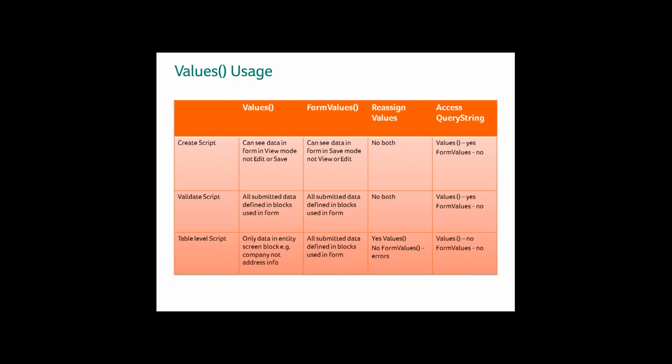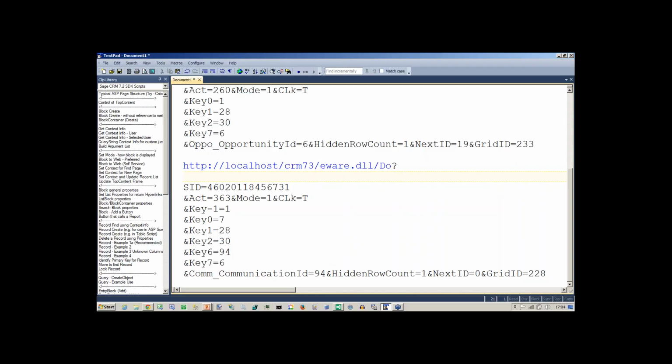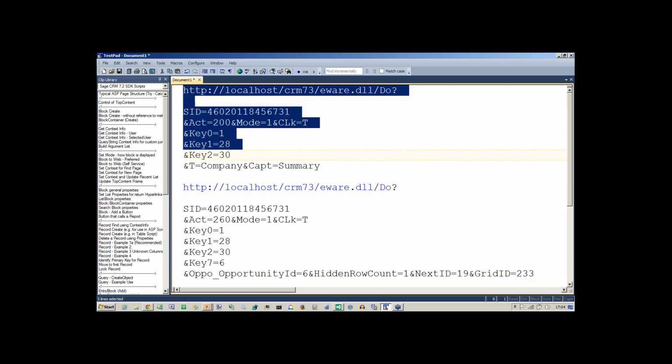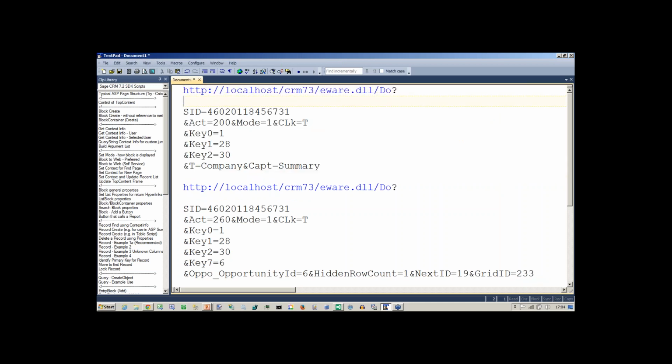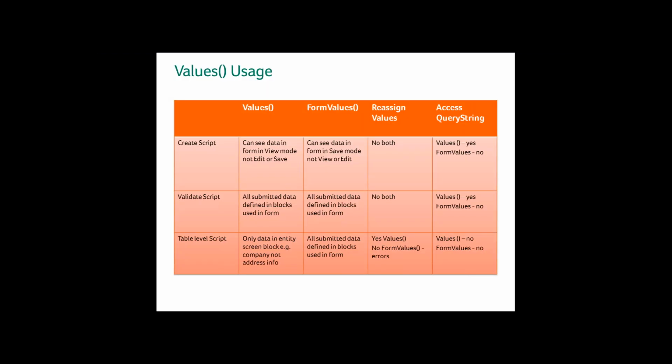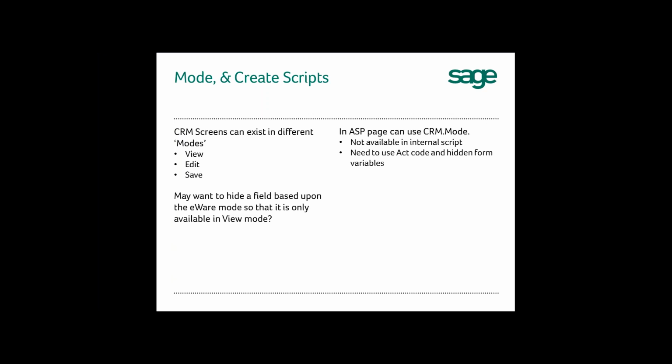What's so great about the query string? Well, it gives us access to all of this rich stuff, including, of course, information about the action key and the mode, and this can be a huge prompt when we're starting to think about mode within a screen.